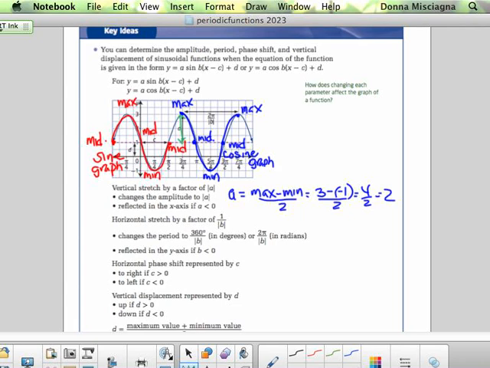And then B, as the horizontal stretch, it changes the period to 360 divided by B if we were in degrees, but we're going to be in radians, which is actually nicer numbers. So 2 pi divided by B. There is a reflection in the y-axis if B is negative.